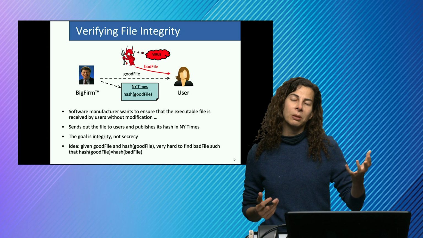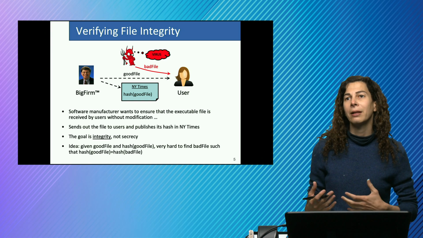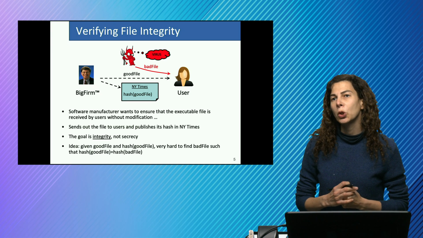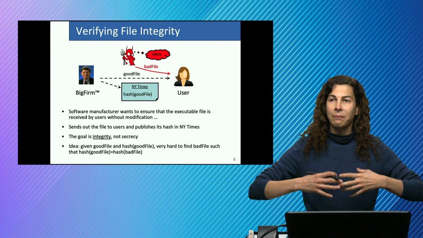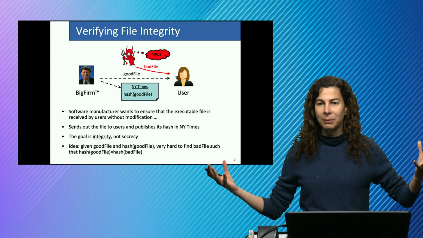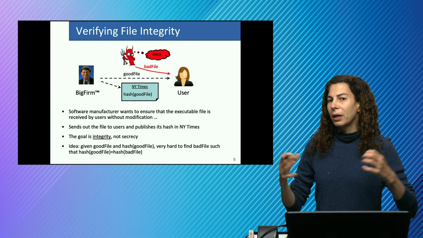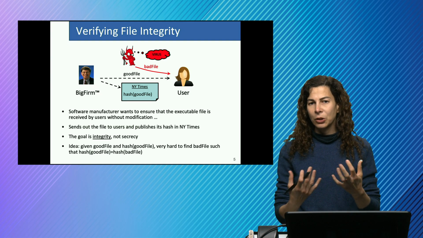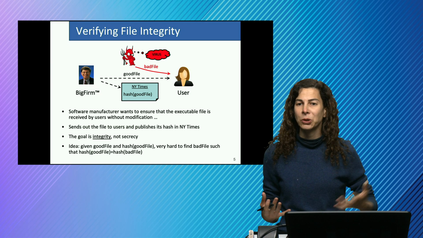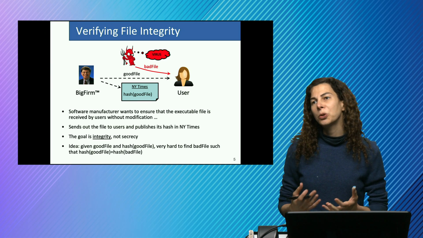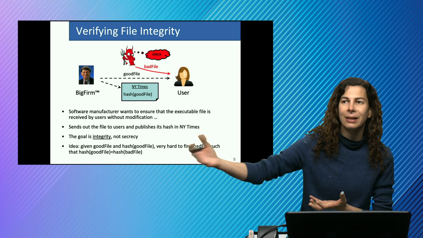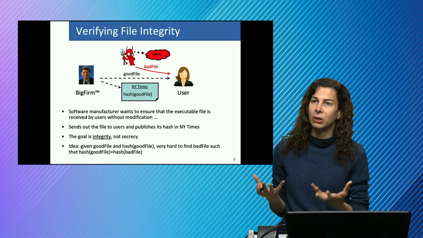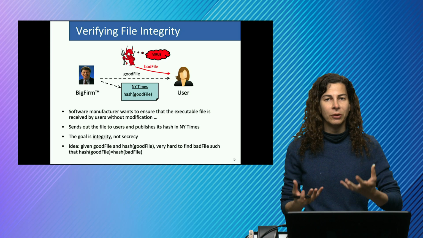Now assume that some big firm is sending a good file, say a software update, to a user, and with that it also publishes in an open environment that everyone has access to, the hash of that file. As the user is downloading this patch or software update, they will also go to this public place where the integrity verification files reside, and everybody knows about it, and they check what they're downloading.